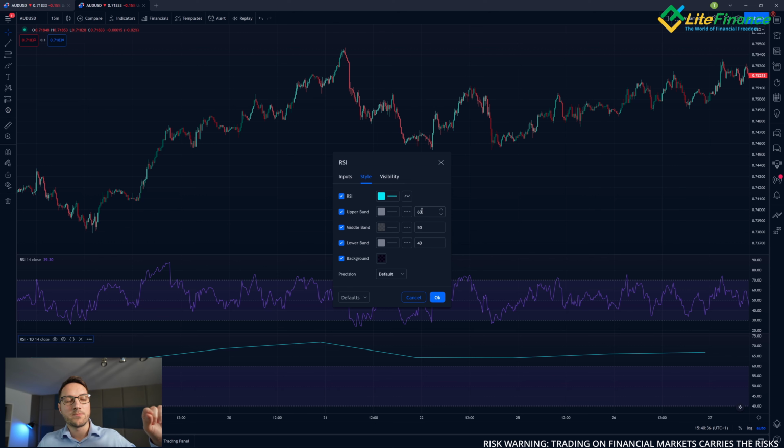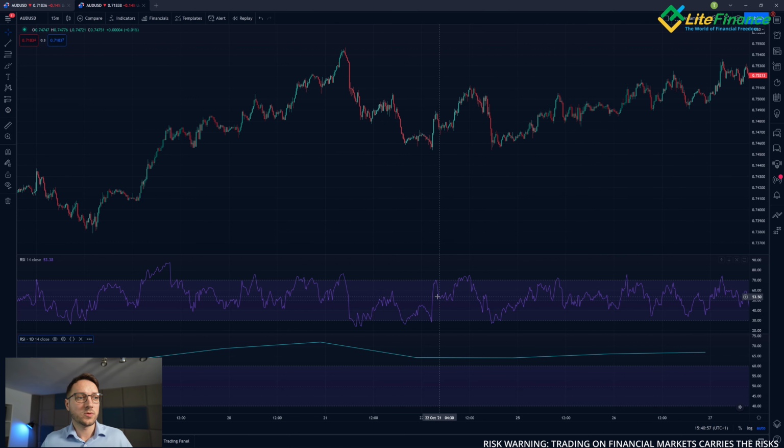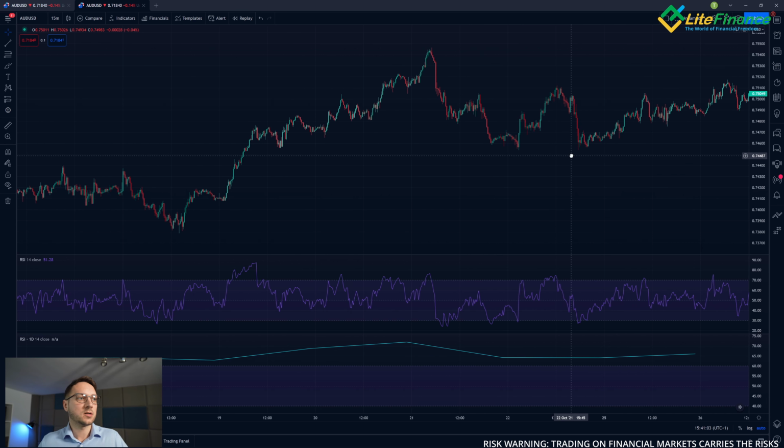When we lower the upper line, we have greater space where we are in the uptrend, and by raising the lower band, we are broadening the space where we detect the market as a downtrend.